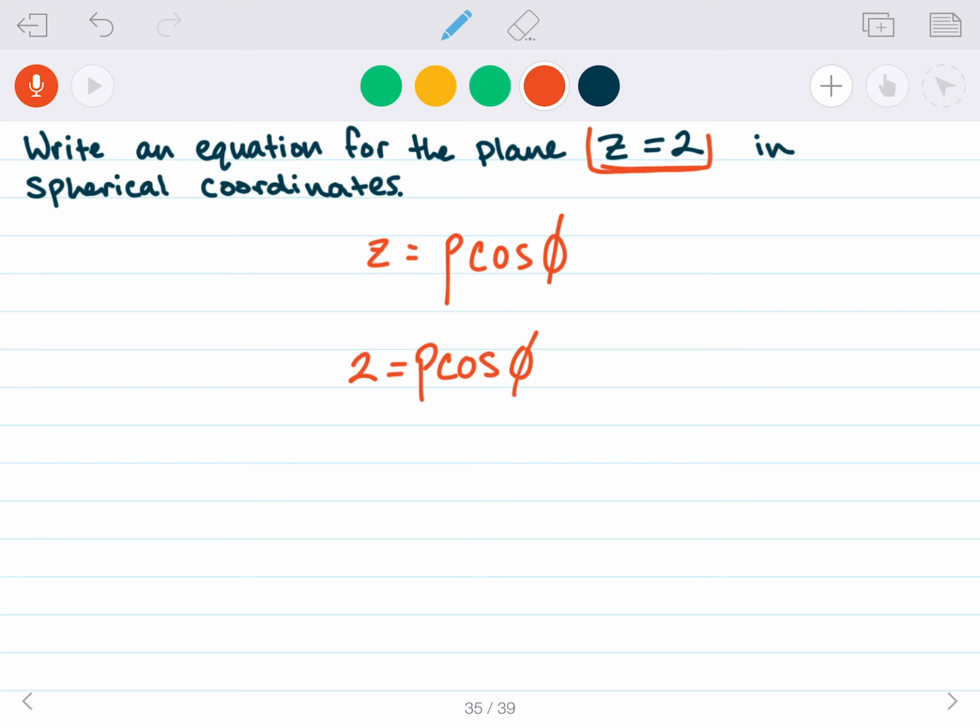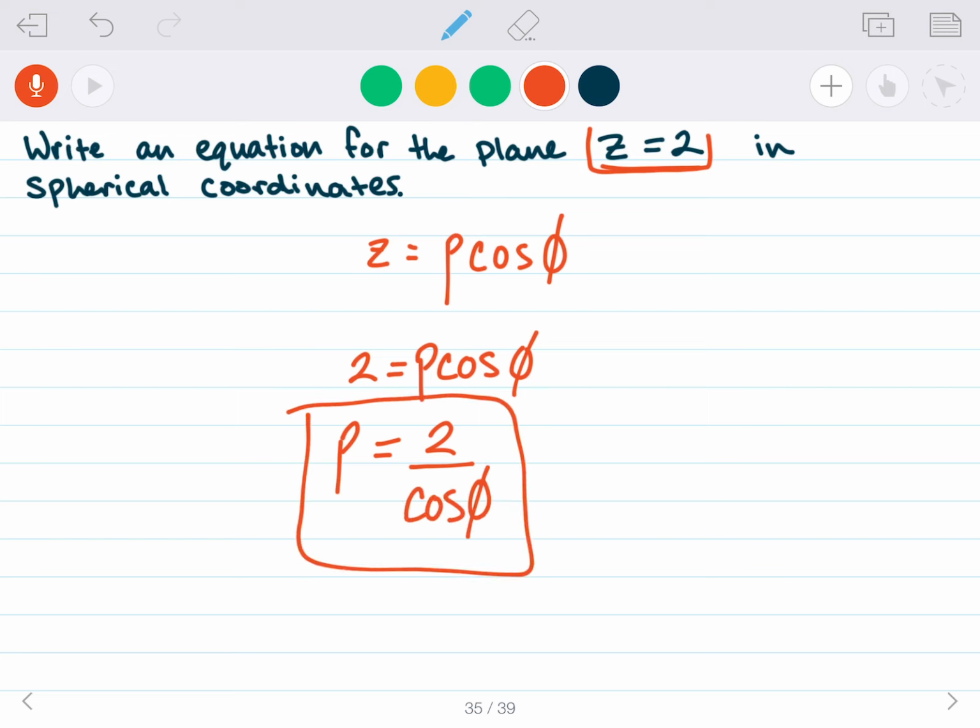If we want to isolate rho, we can divide both sides by cosine of phi. So rho is equal to 2 over cosine phi. So this would be an equation in just spherical coordinates. Spherical coordinates only involve rho, phi, and theta.